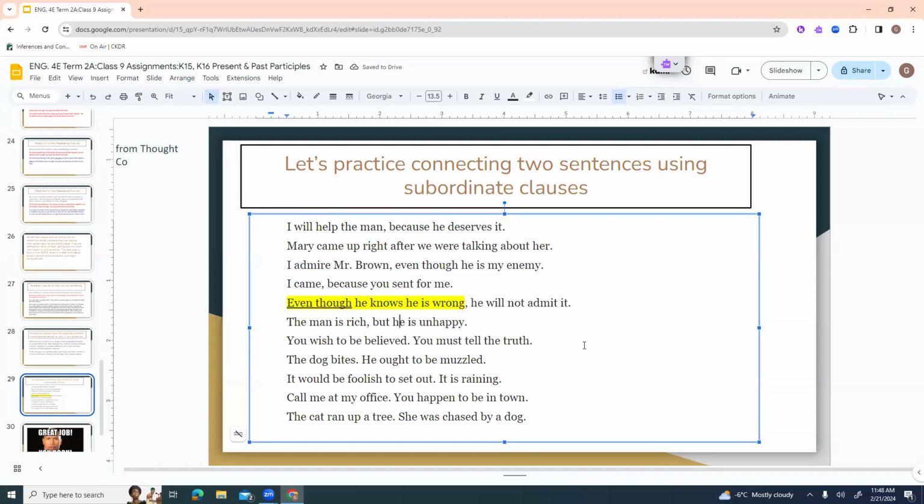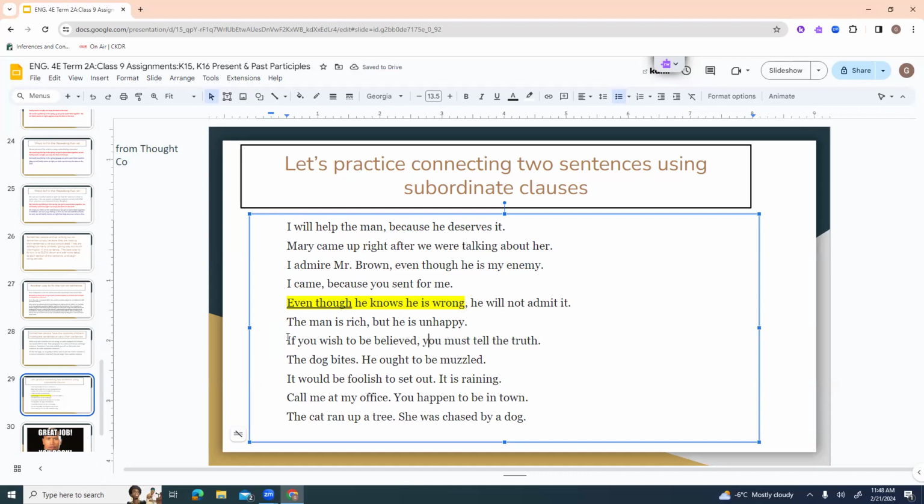You wish to be believed. You must tell the truth. This one suggests the word if to me, like if you wish to be believed, I got to take the capital out. If you wish to be believed, you must tell the truth. Take out the period, turn it into a comma, and again, take out the capital. Yeah, that works.